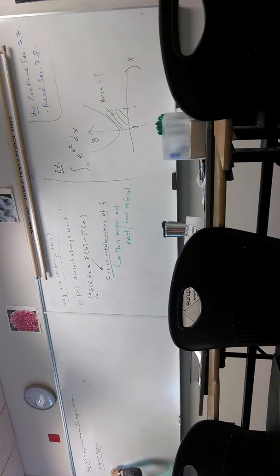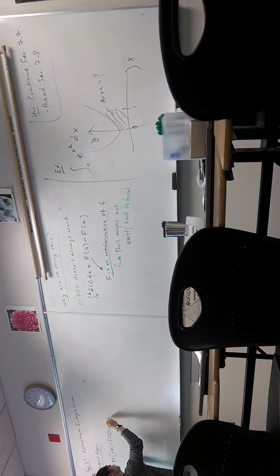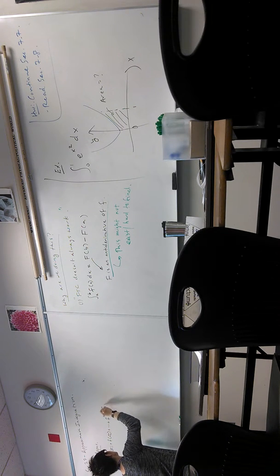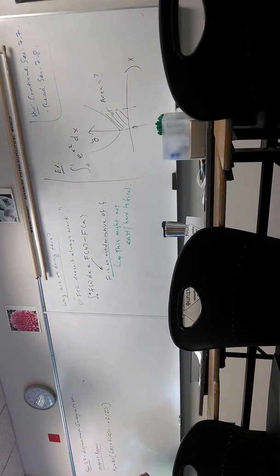M sub n, where m stands for midpoint and n stands for the number of rectangles, is delta x times f of x1 bar plus f of x2 bar all the way up to f of xn bar, where x sub i bar is equal to 1/2 times x sub i minus 1 plus x sub i.